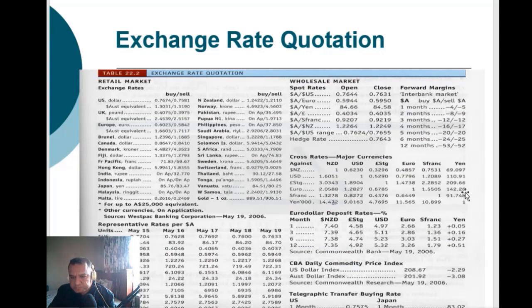So for example, US dollar to pound sterling cross rate is this, US dollar to yen cross rate is this, and euro dollar deposit rate has been given. So this is the exchange rate quotation normally presented or published in the newspaper daily.